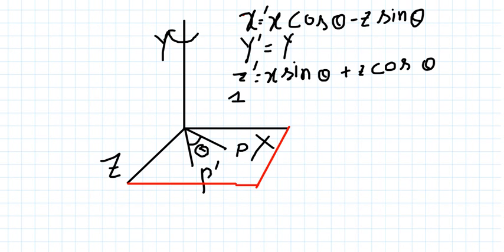Then we append homogeneous 1 equals 1 at the end of the three equations. Now if you combine these three equations into a single one, you will get the y-axis rotation matrix.